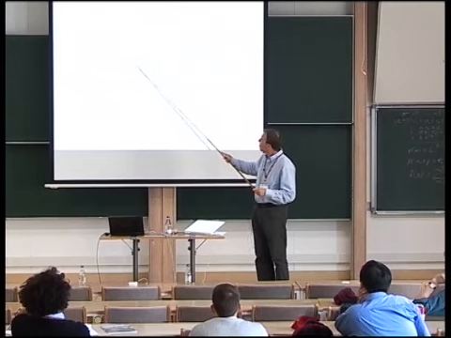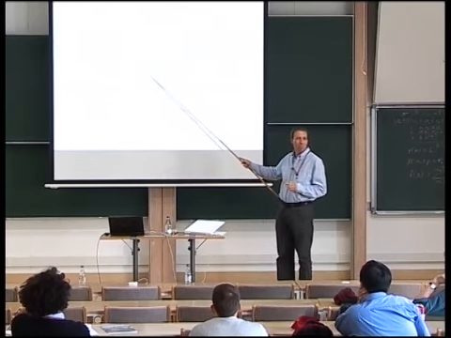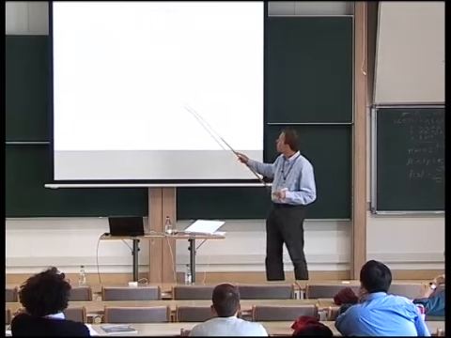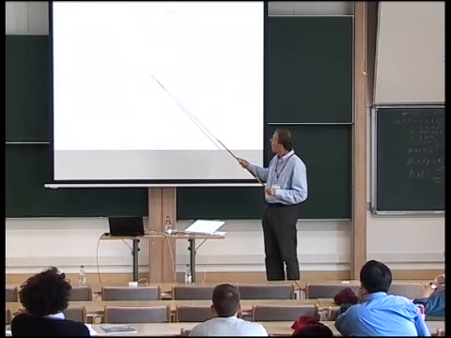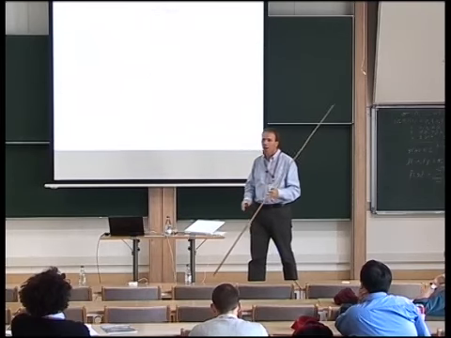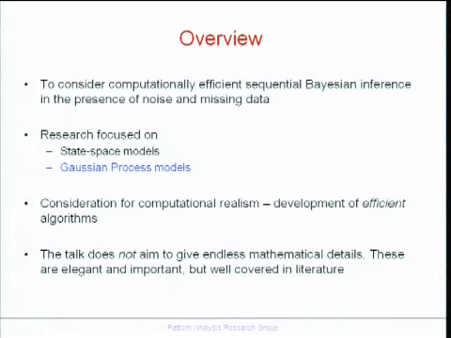Fortunately, I'm going to be talking about the other one, otherwise there'd be a very similar talk to the previous one. And the Gaussian process models are something that we've come to as a way of folding in quite a lot more Bayesian information to the state space modeling that we were actually doing. But again, we need to worry a little bit about the computational realism.